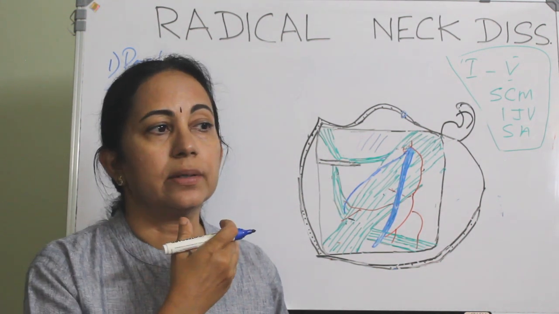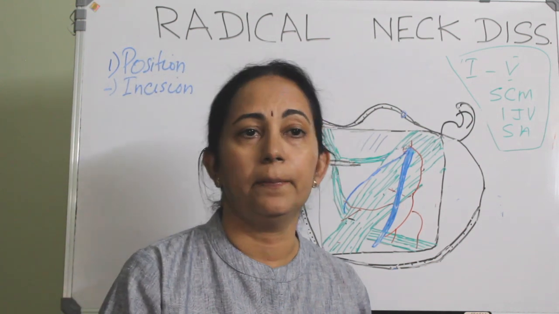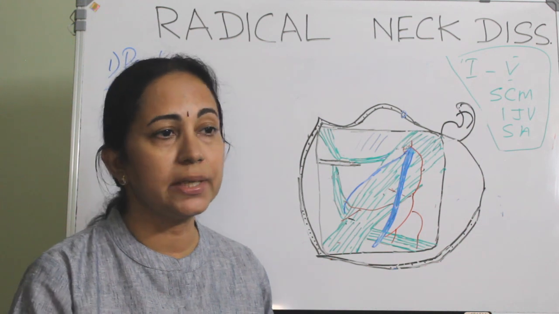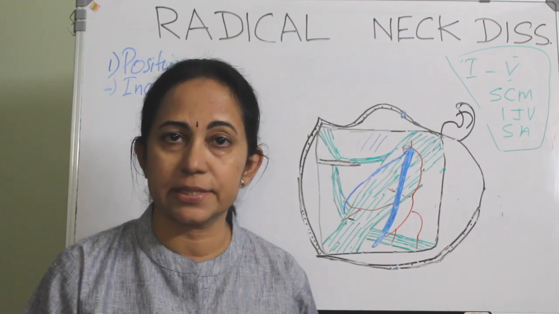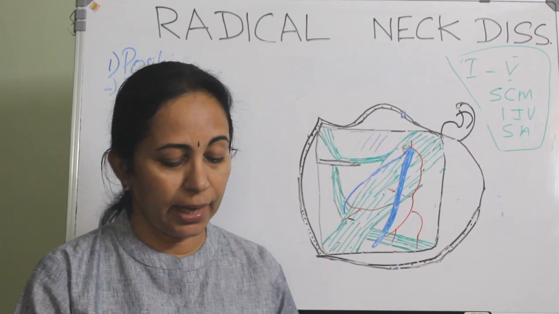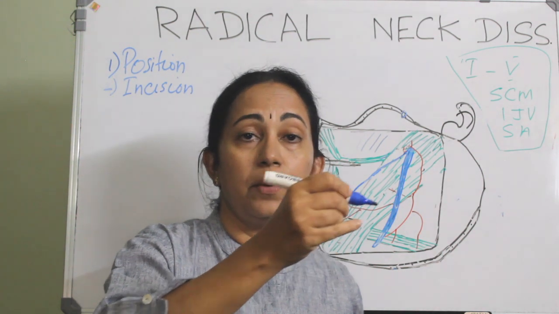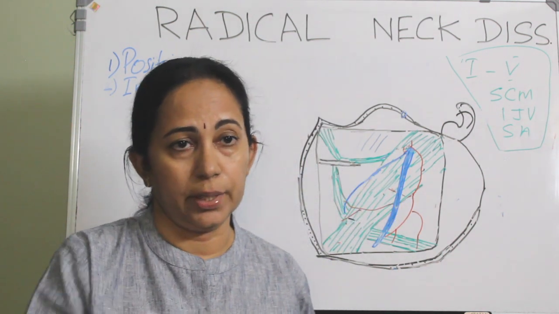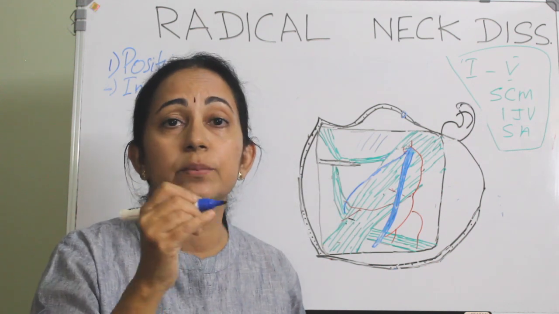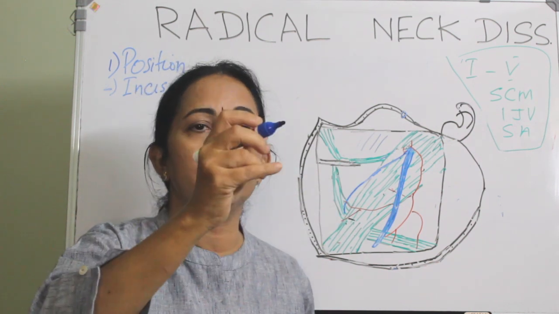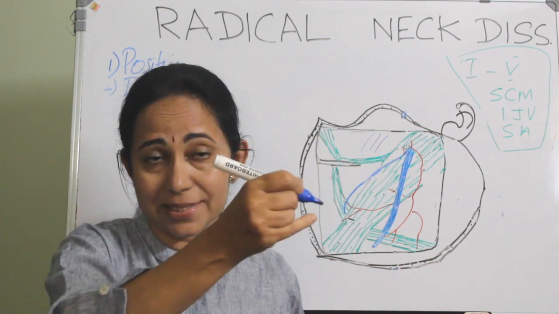So, the skin incision should include the platysma, and for beginners, it is always better to mark the incision site with a marking pen, and using a number 10 blade, you put the incision in a single stroke. Don't do it piecemeal. Always it should be a single stroke, and for more precision, it is better to keep your little finger over the skin surface and make the incision in a single stroke.